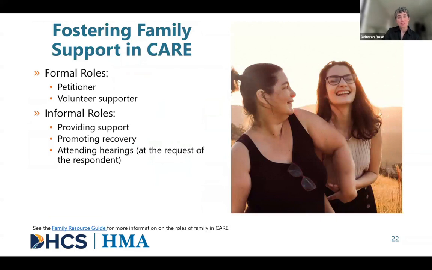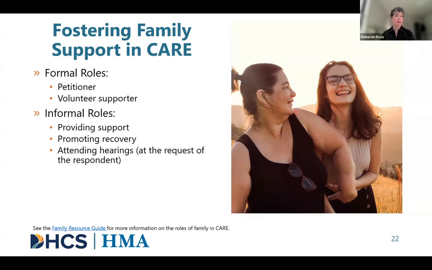We talked earlier about really the importance of including families in an individual's care wherever possible, whenever the individual would like to see their family involved. It is really essential. CARE allows for formal ways that the family can be involved.